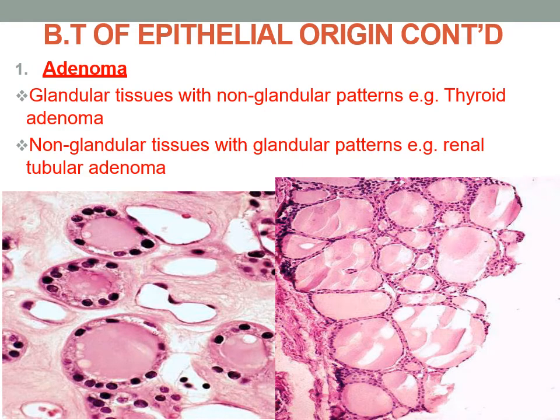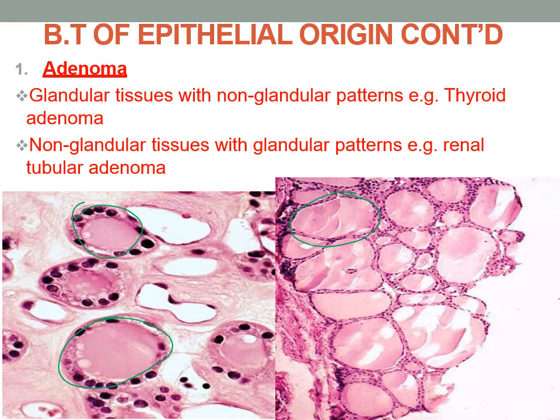So, starting with cells which are glandular in nature, meaning gland, or they are not glandular, but microscopically they appear as glands. Remember, we said we name epithelial benign tumors based on cell of origin or microscopic appearance of these cells.